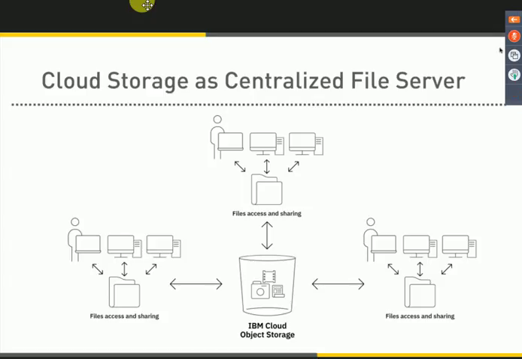So to make this possible, there are third-party ISVs who are leveraging the object storage and opening up file access, sharing and sync capabilities. For example, Citera is one of the EFSS providers on top of IBM Cloud Storage, and it instantly enables the ability to share and sync files.